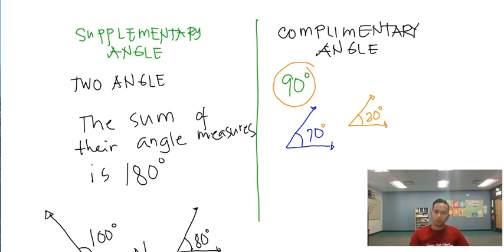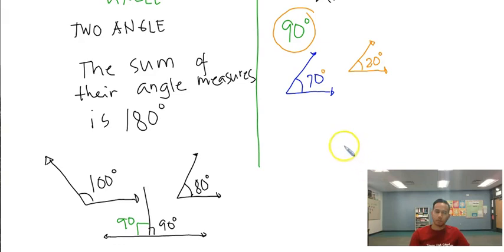Another example: let us say I have here a 90-degree angle, or a right angle, and you cut it from here, and the measurement of this one is 40 degrees. Therefore, the measurement of this side here will be 50 degrees.